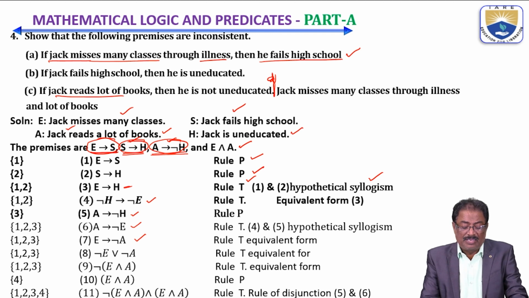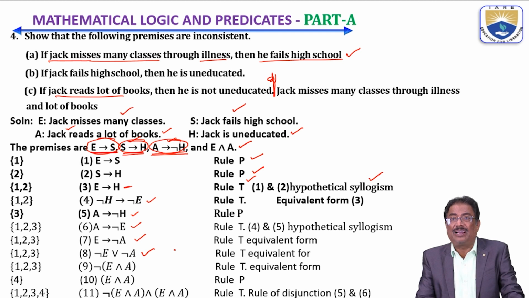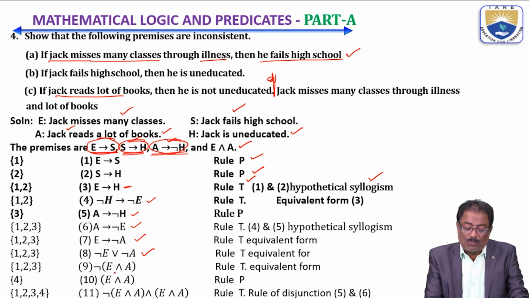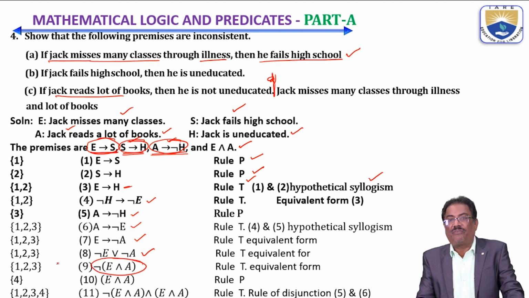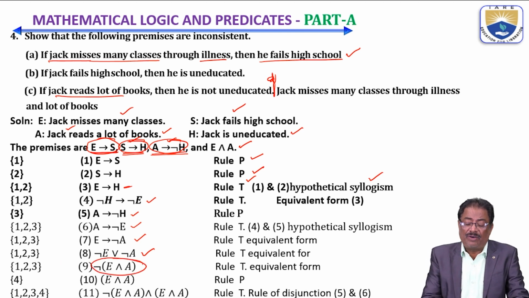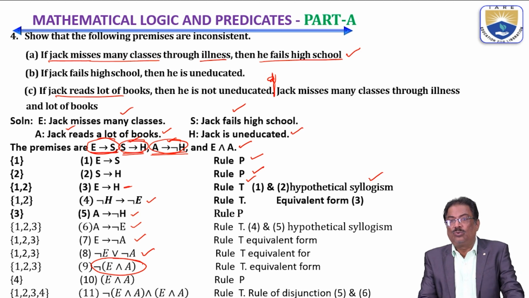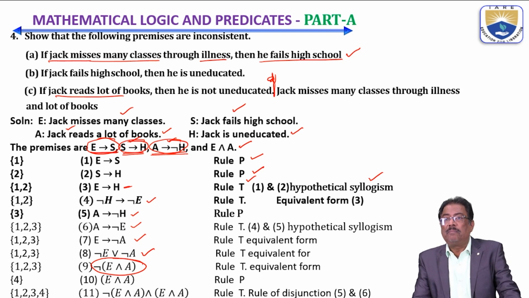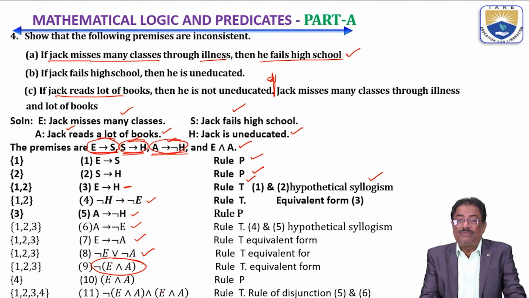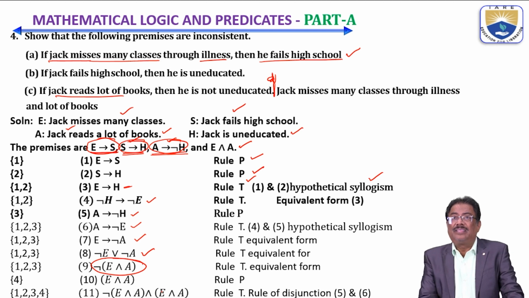And then once again taking the equivalent form of this, negation is common, so we get the equivalent form. Then already it is given that E and A is true, and here I am getting negation of E and A is true, which is meaningless, which is not true. That means the given premises are inconsistent.